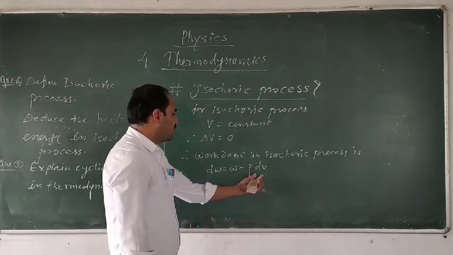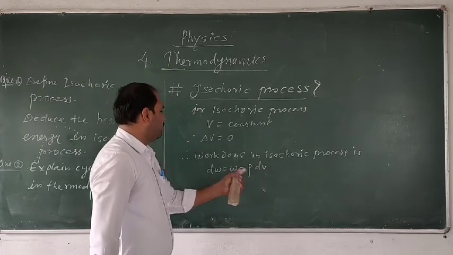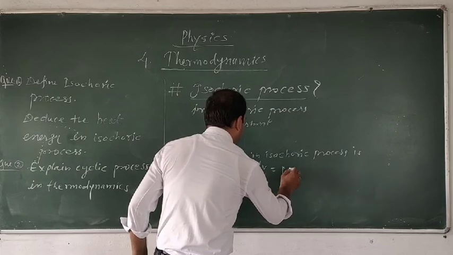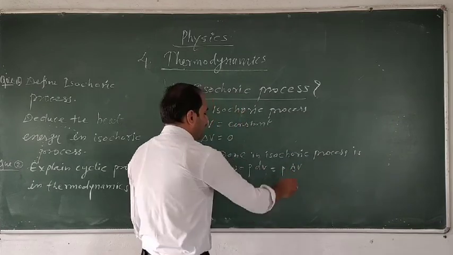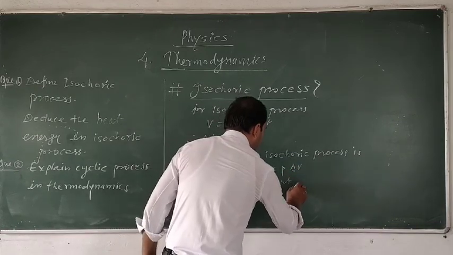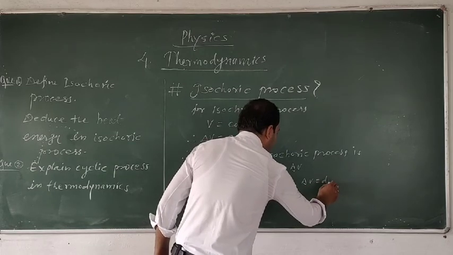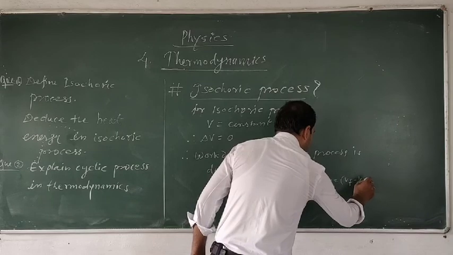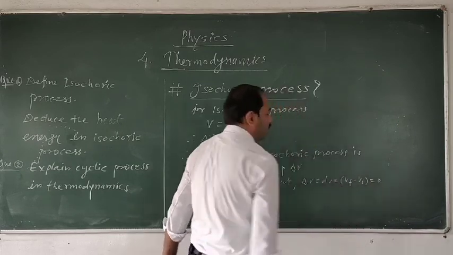Therefore, here the change in volume, delta V or dV, is equal to 0. Means this term is P into delta V, but delta V or dV is Vf minus Vi, and that will be 0.